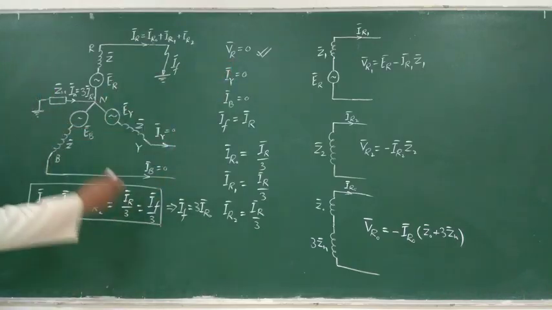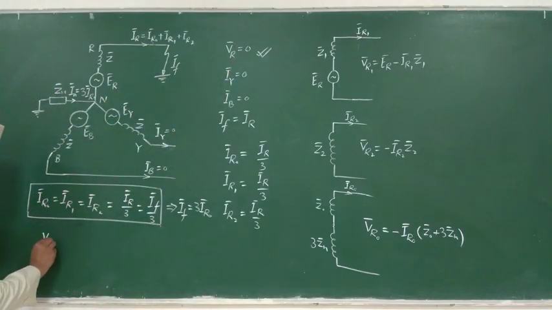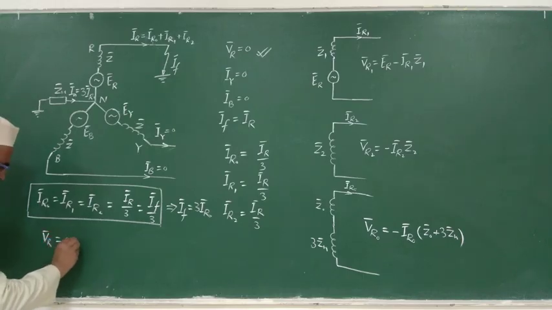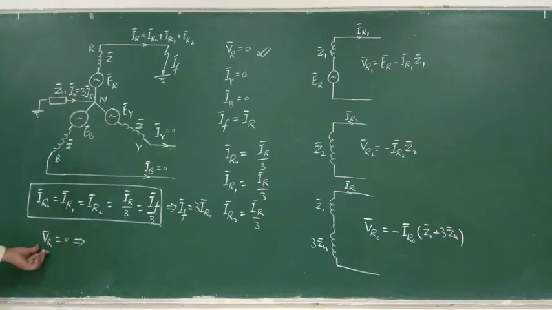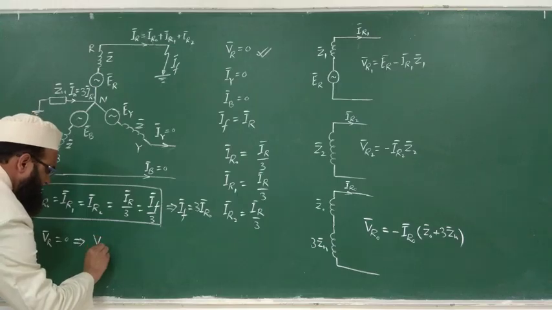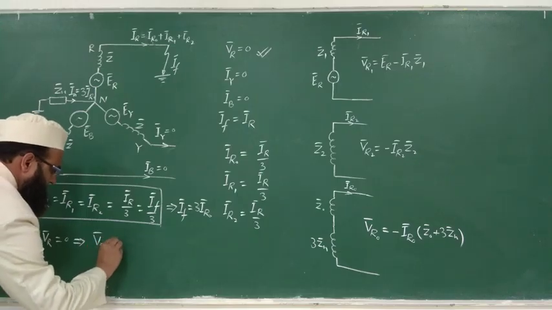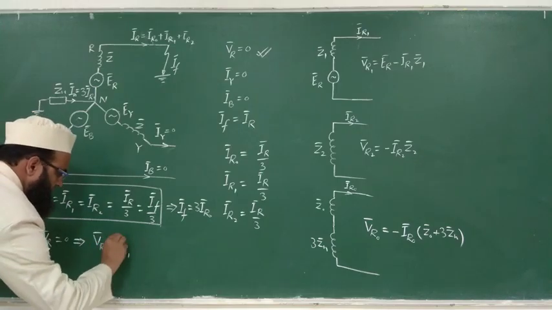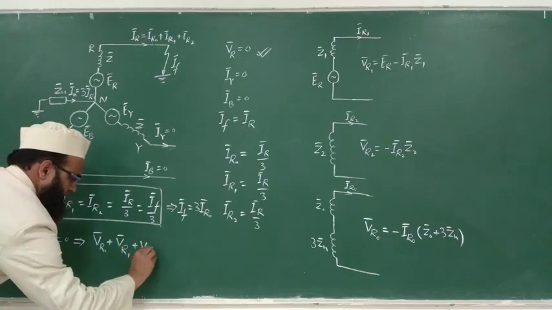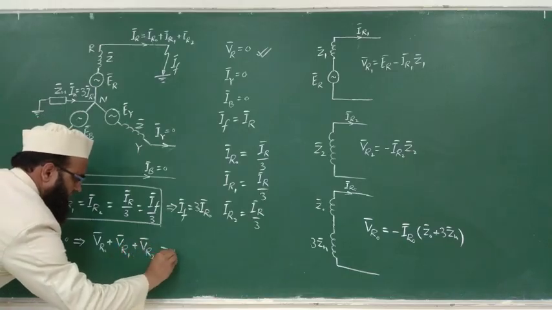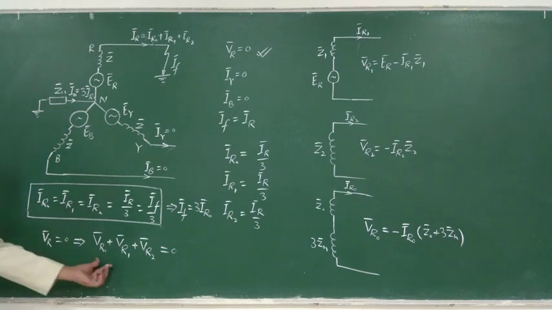So VR is 0, it means the three sequence components of this VR will be 0. Sum of all the three components right here. What will be the three components? VR0 plus VR1 plus VR2 will be equal to 0. What are these? VR0, VR1, VR2.